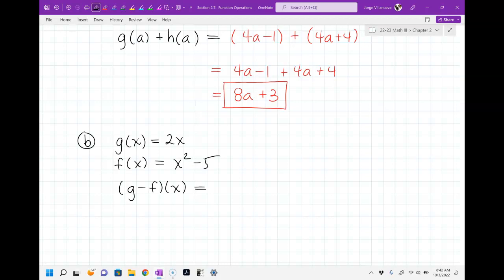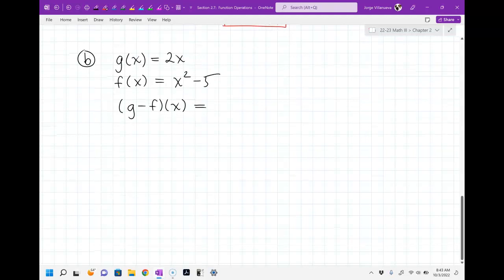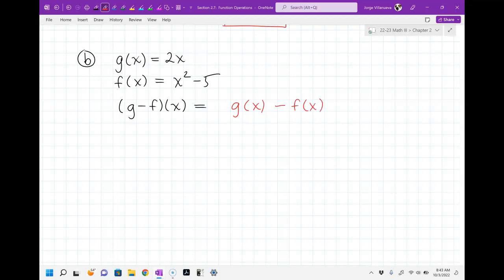That's what they want us to do, g minus f of x. So first let me rewrite it, not g minus f of x. Let me write it g of x minus f of x. That way I know what I'm doing. I'm getting the g function and subtracting the f function.